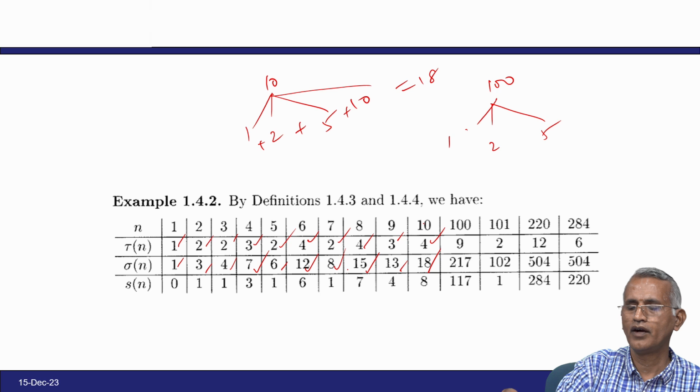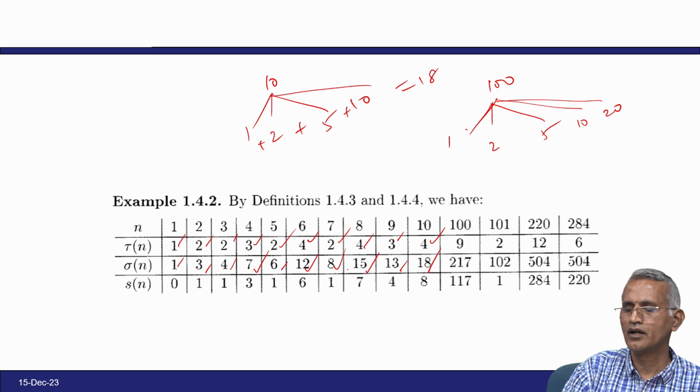Similarly, for 100 you take it: 1 divides, 2 divides, 3 does not divide, 4 does not divide, 5 divides, and then 6 does not divide, 7 does not divide, 8 does not divide, 9 does not divide, 10 divides, and then 11 does not divide, 12 no, 13 no, 14 no, it means it exactly should divide, 15 no, 16 no, 17 no, 18 no, 19 no, 20 will come, right.